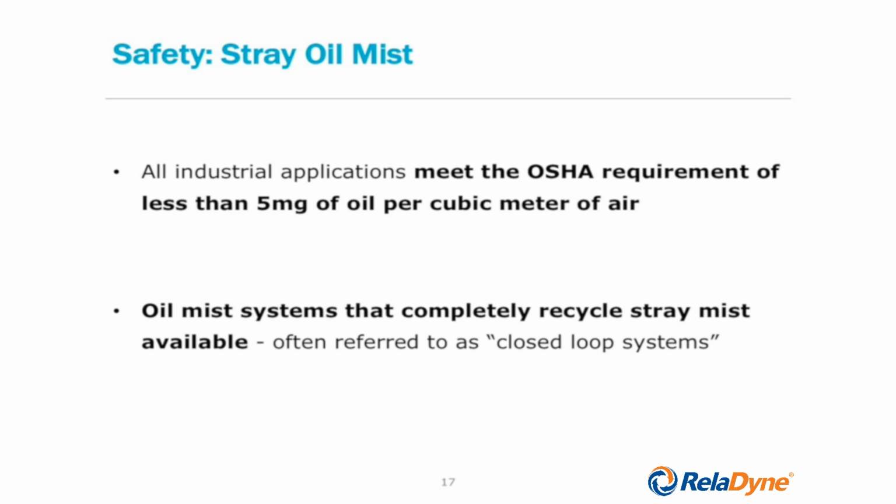We would much rather use the present state-of-the-art oil mist systems that are completely recycle stray mist preventive. And so the recycled stray mist is kept in a closed loop. Again, oil mist systems that completely recycle the mist are available, and they are referred to as closed loop systems.